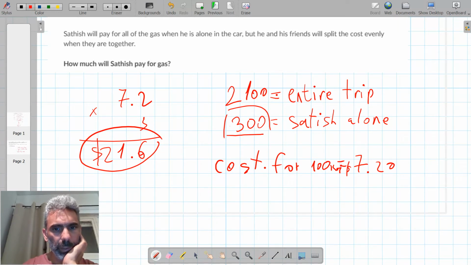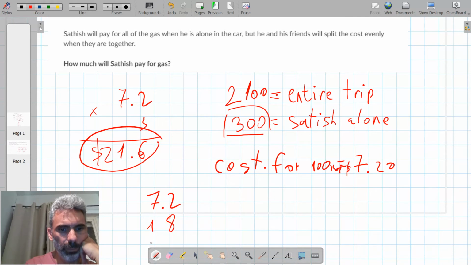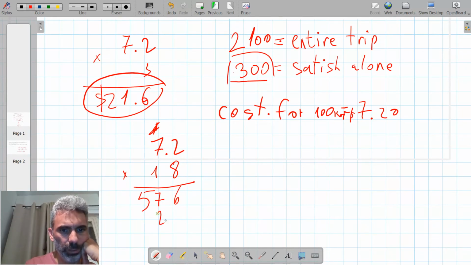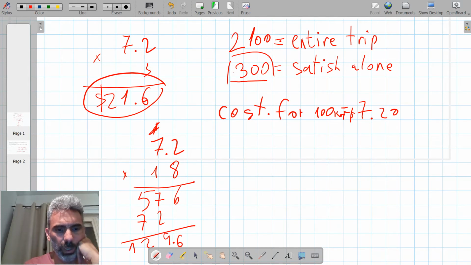$7.20 times 18. Eight times 2 is 16, 8 times 7 is 56, plus 1 is 57. 1 times 2 is 2, 1 times 7 is 7, 6, 9, 129.6.